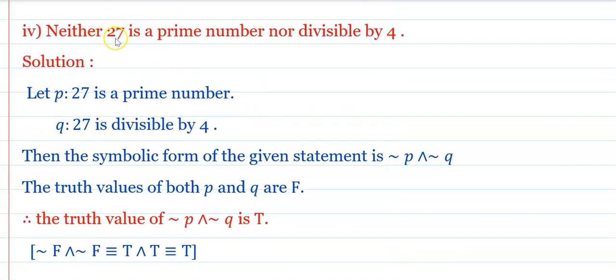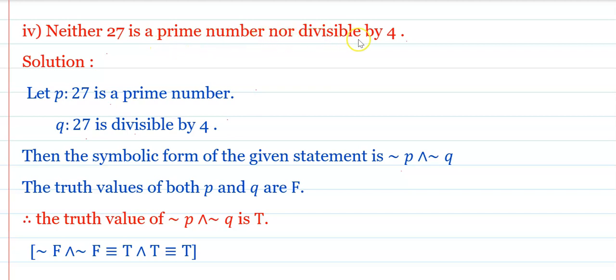Now the next question. Neither 27 is a prime number nor divisible by 4. Okay, neither nor means what? Here P: 27 is a prime number. Q means what? 27 is divisible by 4. The symbolic form of the given statement: neither means negation of P. Okay.